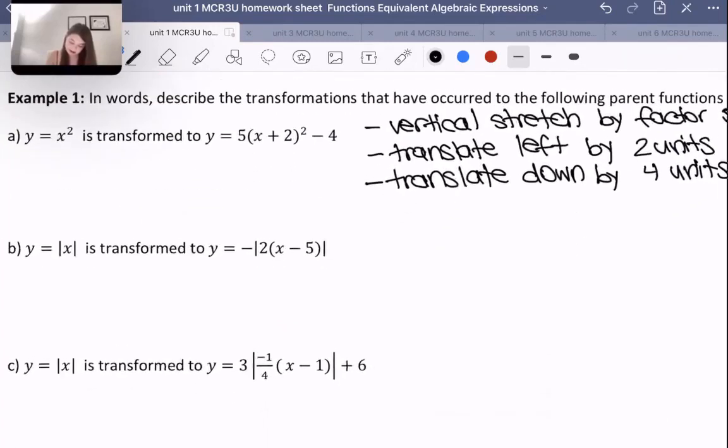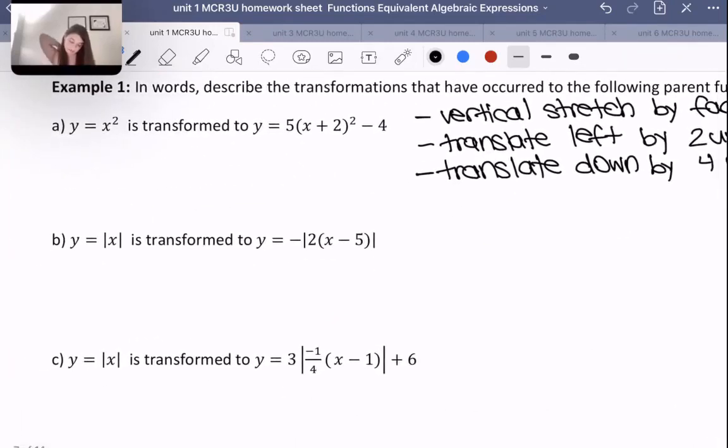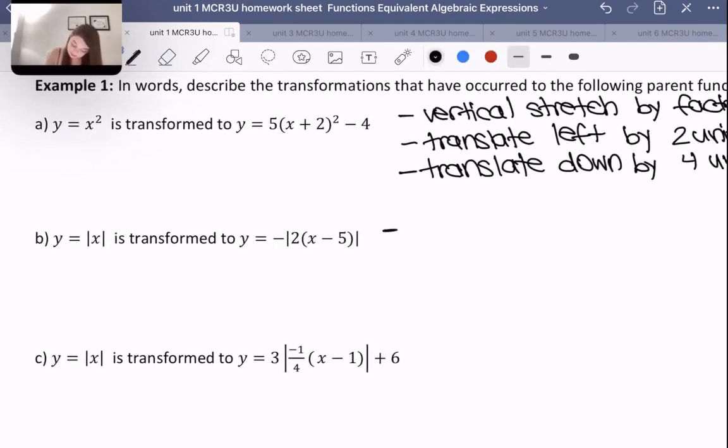Okay, the next one says y equals the absolute value of x is transformed to y equals negative absolute value bars of 2x minus 5 absolute value bars. First things first, this negative is outside of our absolute value bars, so it's outside of the function. That means that we would do a reflection.